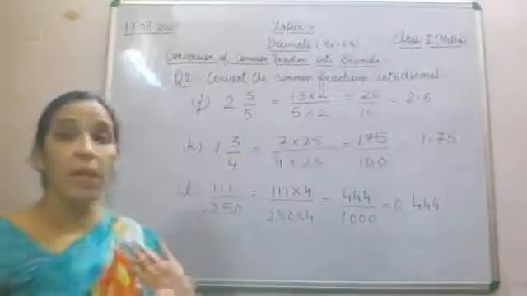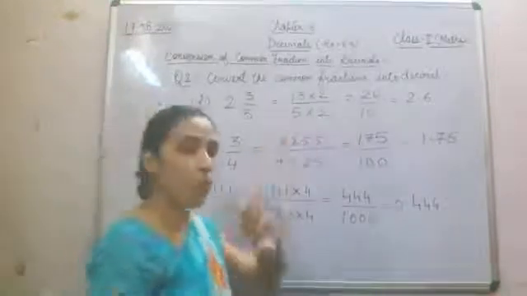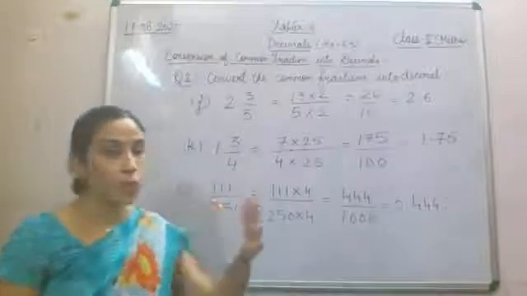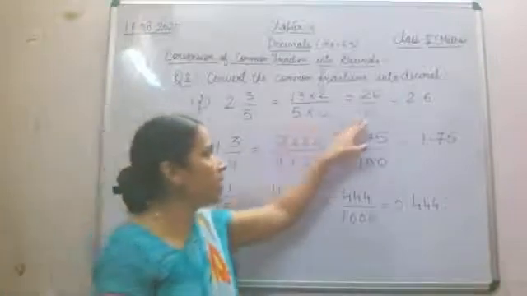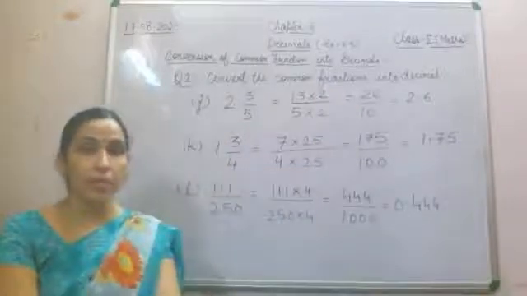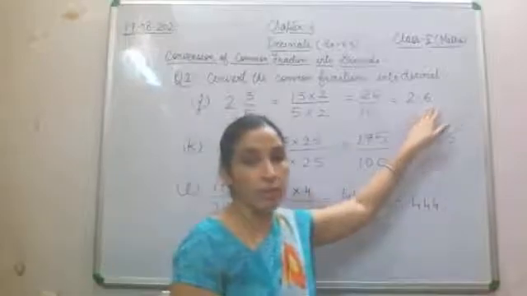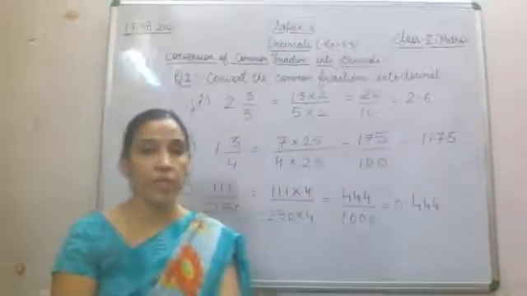Instead of multiplying 5 by 20 to change it into 100, we will do it in the simplest form. So here 5 2s are 10 and 13 2s are 26. Only one decimal place is required, so here we will put the decimal. So what will it become? 2.6.